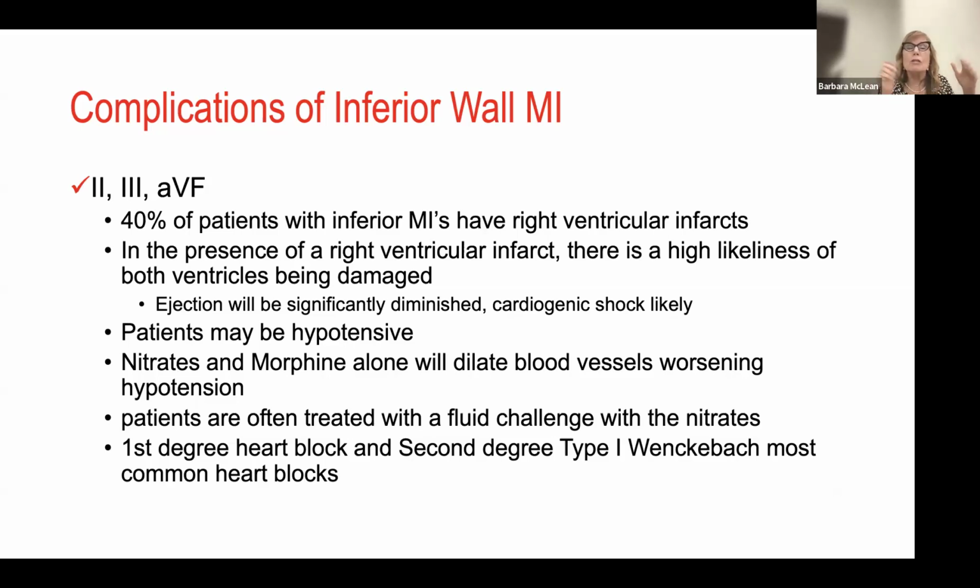Okay, so complications of inferior wall MI, remember 40% of those patients have right ventricular infarct. When you have a right ventricular infarct, you actually have significantly damaged the right ventricle. You probably also have some damage of the left ventricle, but the ejection of the right ventricle will be severely limited, and therefore left ventricular filling will be limited, left ventricular ejection will be limited, and your patient will be profoundly hypotensive.